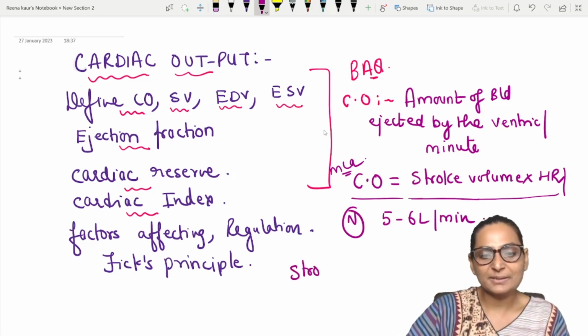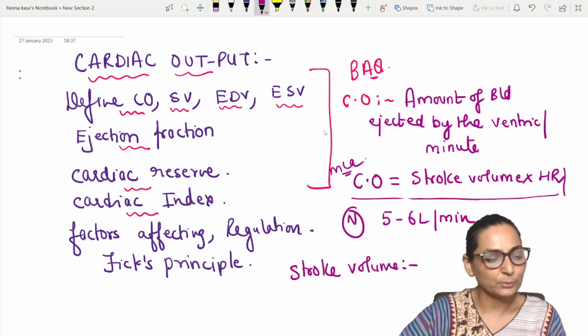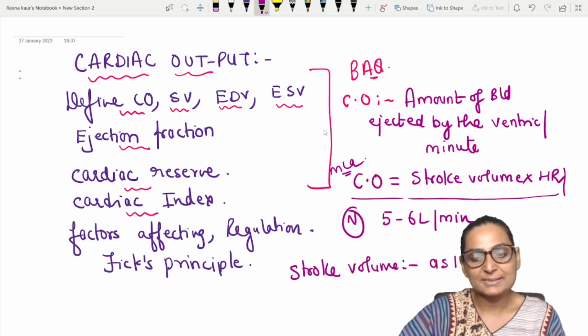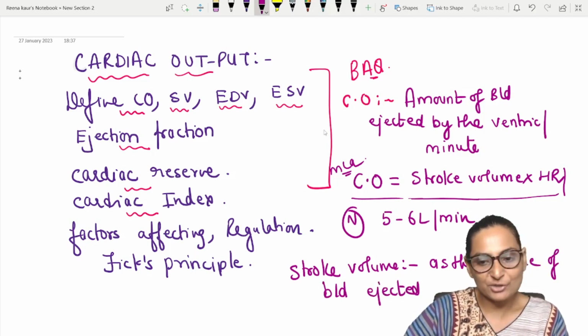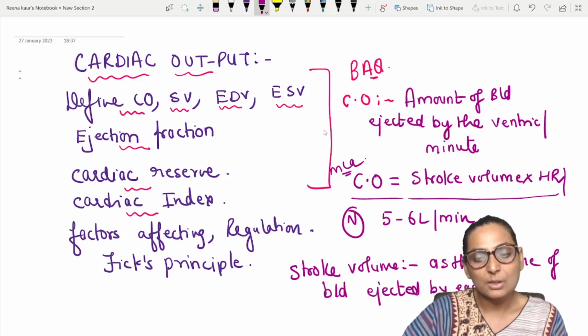Now, what is the definition of stroke volume? It is defined as the volume of blood that is ejected by each ventricle per beat.